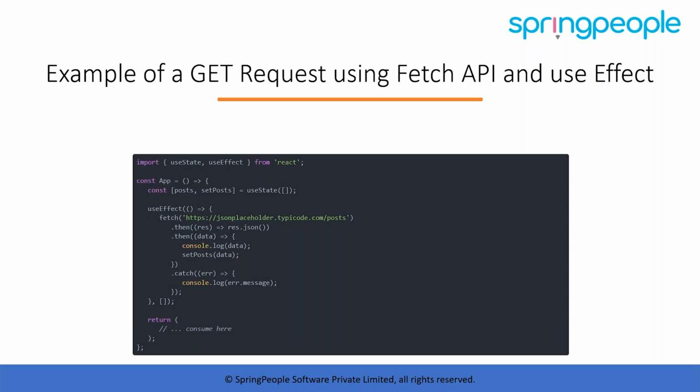I'm using the fetch API here, working with a fake JSON server called JSON Placeholder. This is just test code, and we normally work with the fetch API in this particular way, where we use useEffect and get it to work with us.